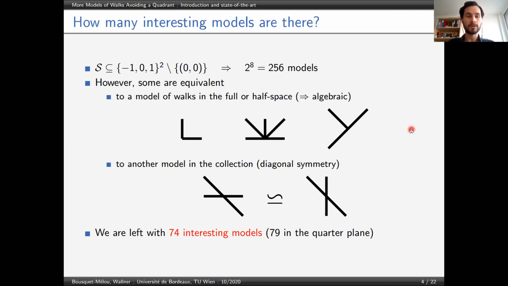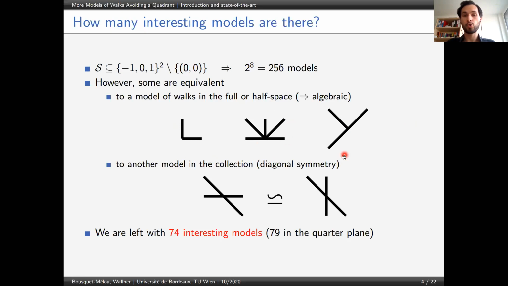So how many interesting models are there in the 3-quadrant cone? For the small steps, there are a priori 256 different models. However, some of them are equivalent to models, for example, in the full space or the half space. So these 2 models here are equivalent to full space models because the space constraint doesn't change anything for them.